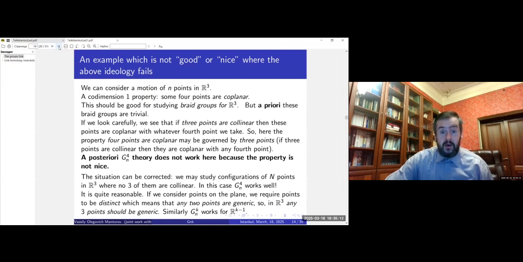And then it gives us a homomorphism from the fundamental group of the configuration space to GN4. And very similar techniques work for the k minus one dimensional space. So for R^(k-1) with some restrictions, we get a homomorphism to GNK. So we have lots of examples.